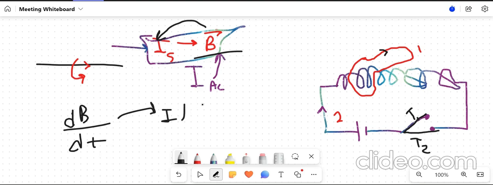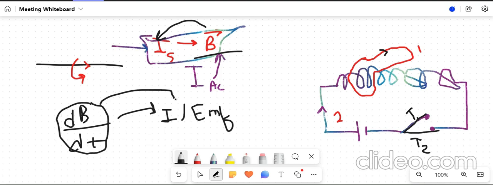Let me just write it, induced EMF. So we know this now: it is the change in magnetic field that produces EMF. This is what Faraday found by his experiment.